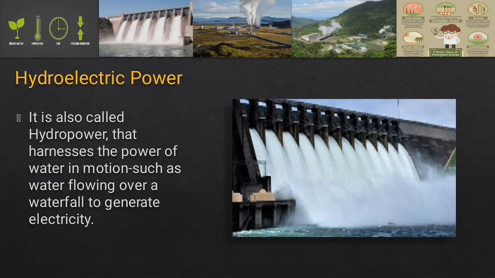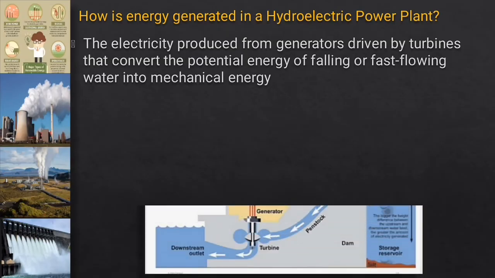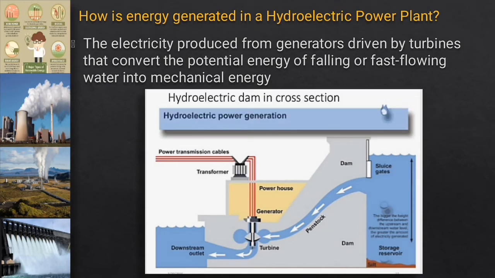A hydroelectric power plant consists of a high dam that is built across a large river to create a reservoir and a station where the process of energy conversion to electricity takes place. How is energy generated in a hydroelectric power plant?